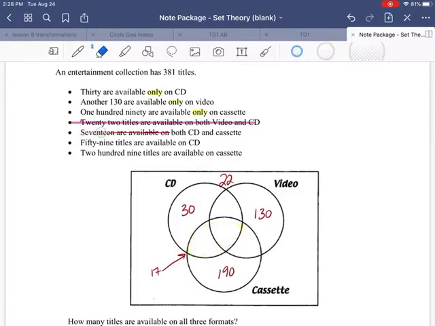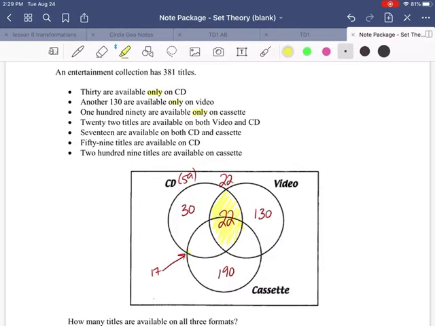And what else we got? 59 titles are available on CD. So that's all that section. Now, before I go any farther here, let's just assume that we can pencil in 22 for both these sections, all right? I don't know how it's split up, but I know that it's both of them.